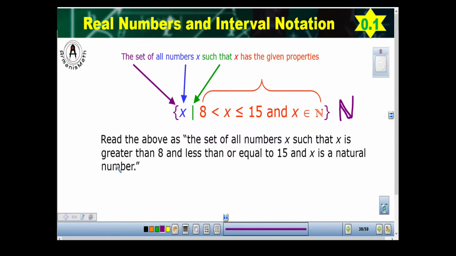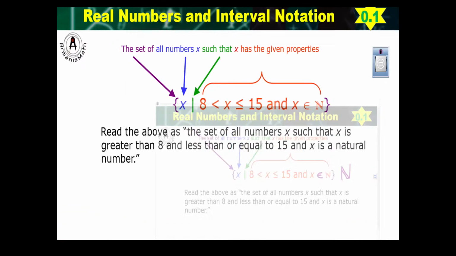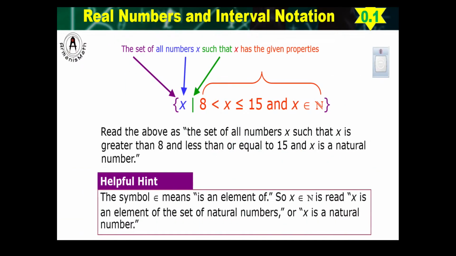How do you read this? Well, you could read the above as this: the set of all numbers x such that x is greater than 8 and less than or equal to 15 and is a natural number. Is a, or part of, is this inverted E here. That's the symbol that we use in math. Here we go.